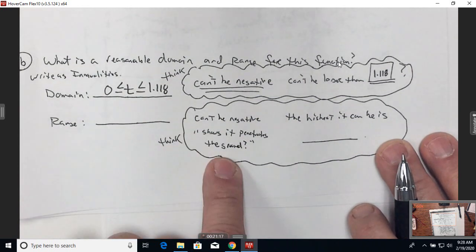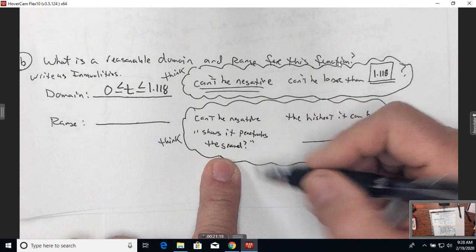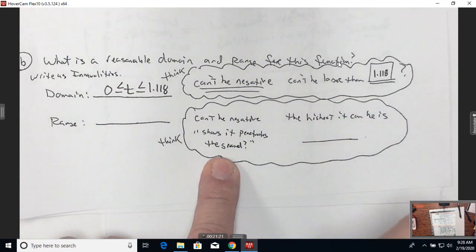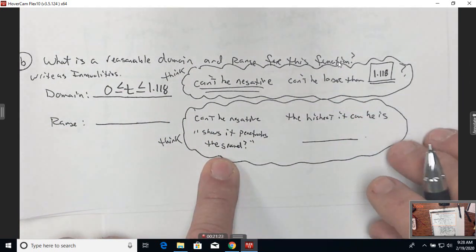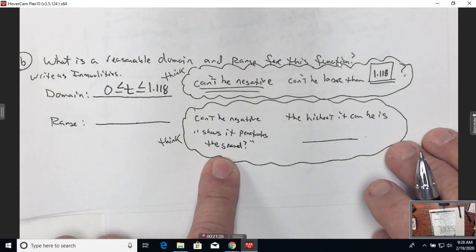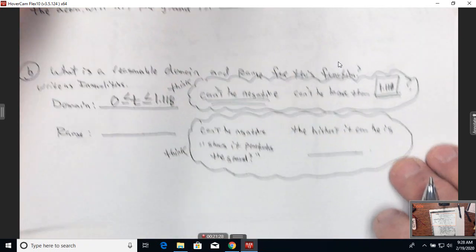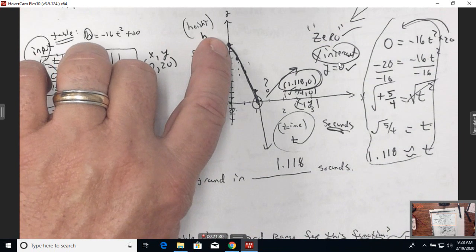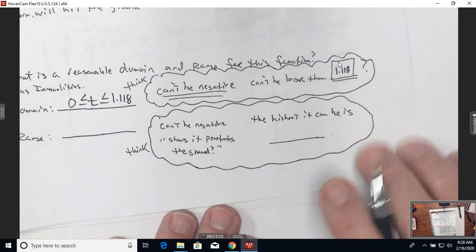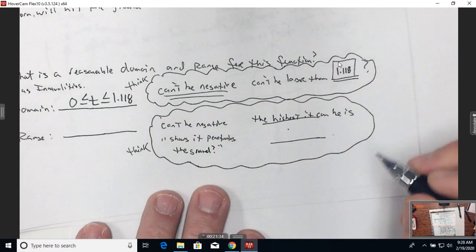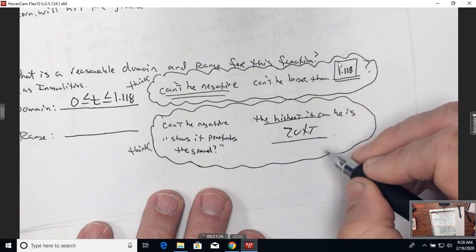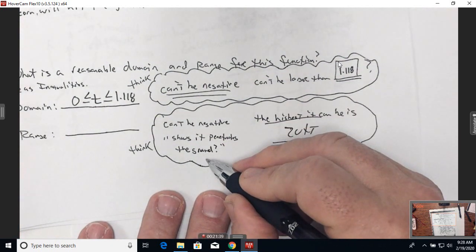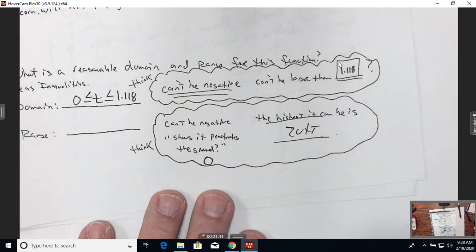Here's what the thinking should be. It can't be negative because negative shows that it's penetrating the ground and going through the ground. So it must be at least 0. And the height can't be higher than where it fell from. So what can it be higher than? The highest it can be is 20 feet. And if it can't be negative, the lowest it can be is 0.